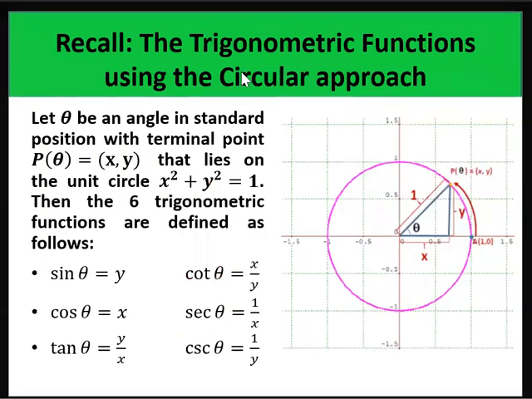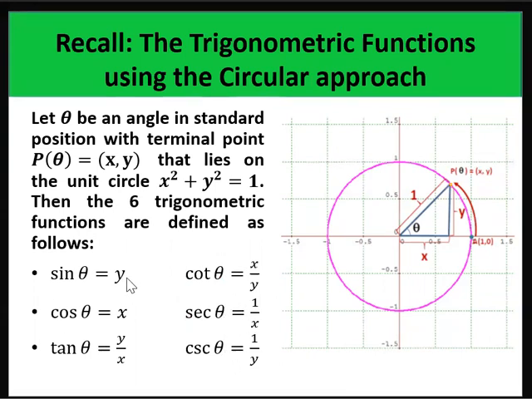Now, another way of defining the six trigonometric functions is through the use of the unit circle. So if we have an angle theta having a terminal point (x, y), where this point lies on the unit circle x squared plus y squared equals 1, then we have the definition of the six trigonometric functions.